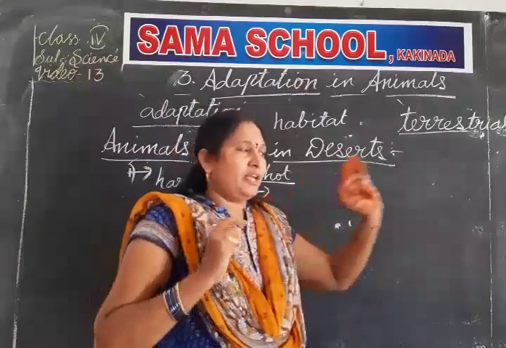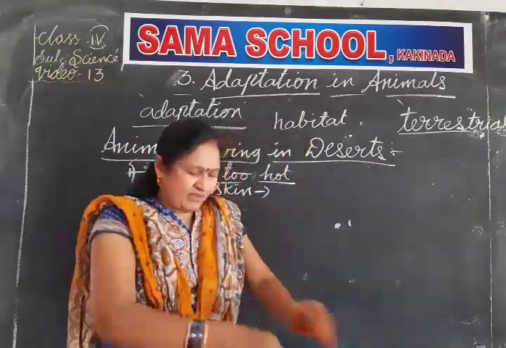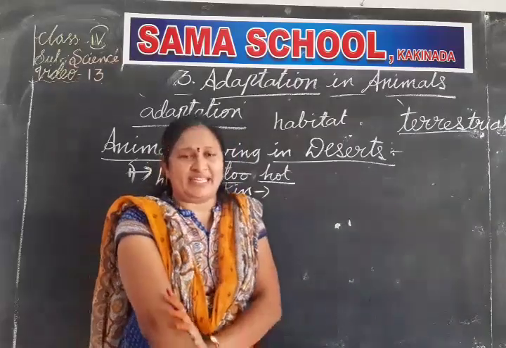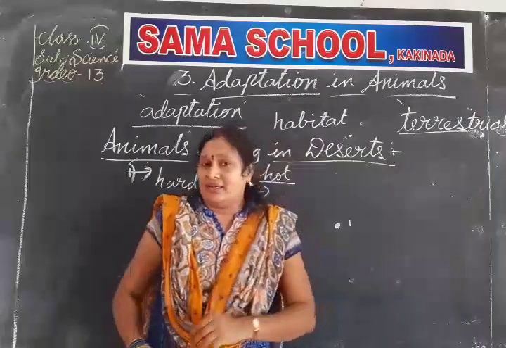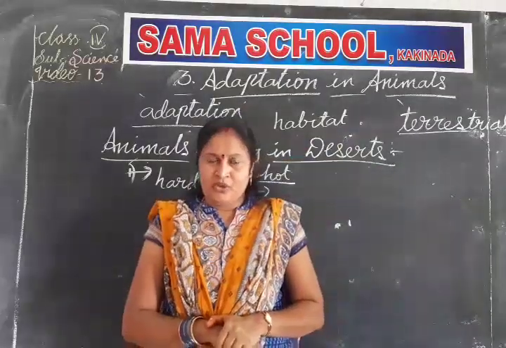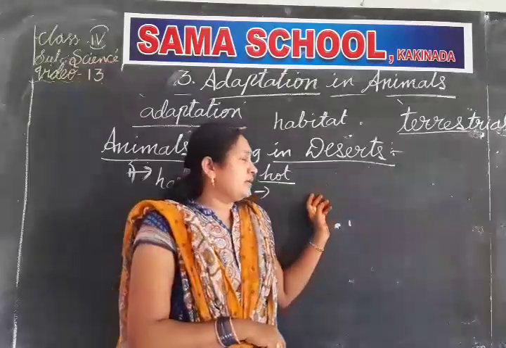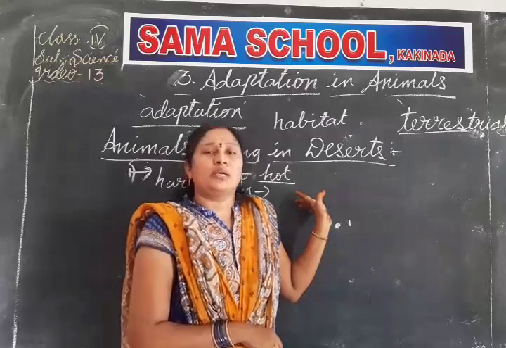Because see, our body, if you stay some time, now we are in a hot region, our body gets a lot of sweat. But this camel doesn't get sweat. Why? Because in the desert there is a very water scarcity.